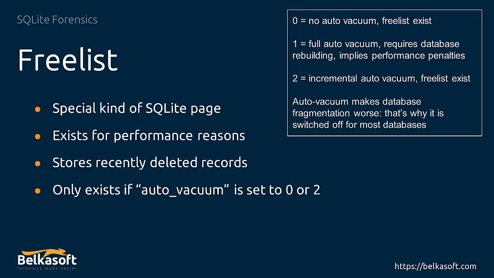So in order to save this time, free lists were introduced so data is not immediately deleted and just marked as deleted. So if you can somehow access free list pages, you can see recently deleted records. Now these records are kept within the SQLite database, unless the page is allocated for new data, which has come from the SQLite database as a new record.